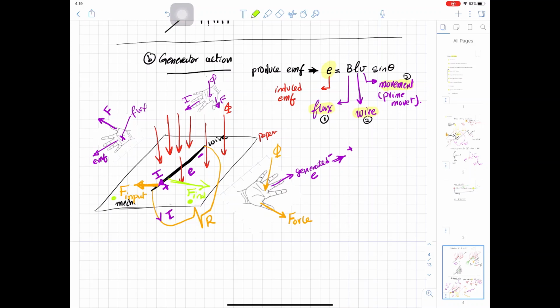And for the generator to generate this mechanical force, there should be a current circulating. So to generate this mechanical force, the generator needs to circulate current, which is producing electricity. So the electricity produced in the generator is actually the byproduct of generating this opposing force to the acting force.